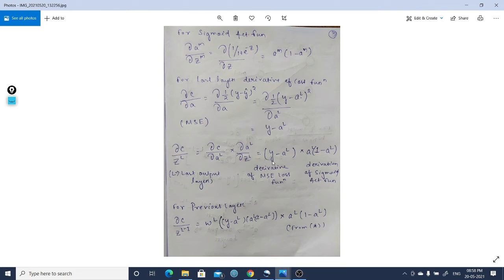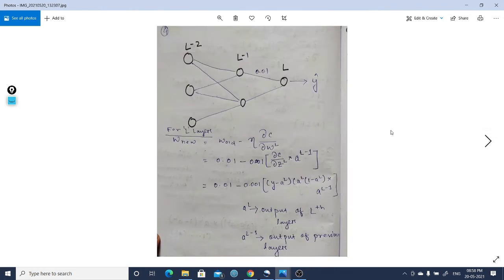We have already calculated dC by dZ for the last layer: we take the derivative of the loss function and multiply it with the derivative of the activation function.